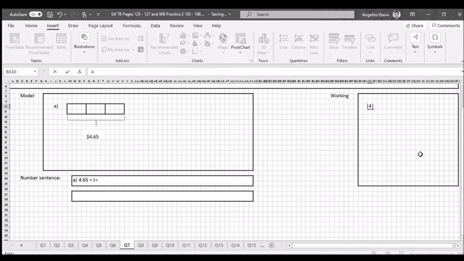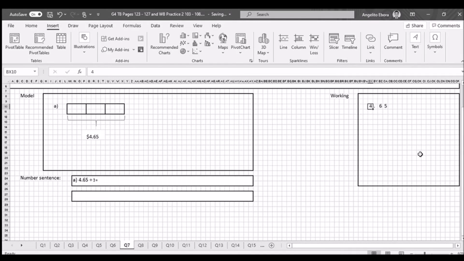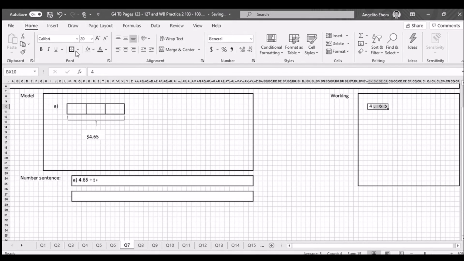So $4.65 divided by 3. Okay, so again, multiples of 3. So 4 divided by 3 is 1. And then this one is 3. So 4 minus 3 is 1. Then the decimal point. Then bring down 6.